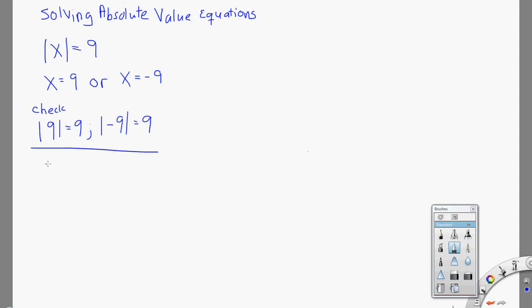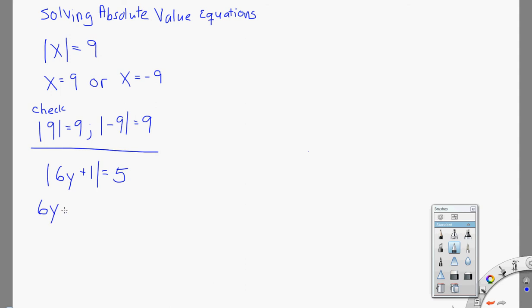Say we had the absolute value of 6y plus 1 equals 5. So the way to solve this, I don't know if you caught this up here, is you have to write it into two equations. The first one almost everybody gets.